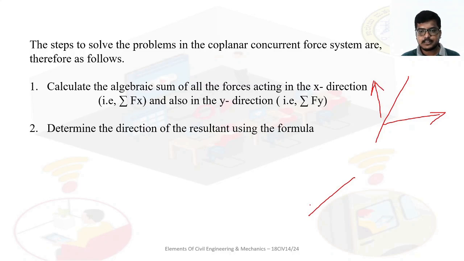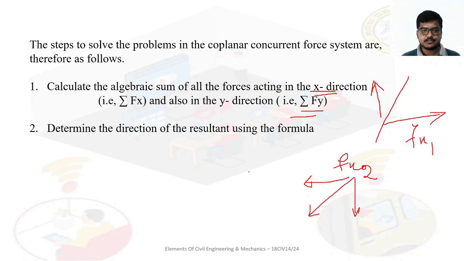Then we have to add these, Fx1, Fx2 like that, to get the algebraic sum of all the forces acting in x direction. Similarly also sigma Fy, that is in y direction.